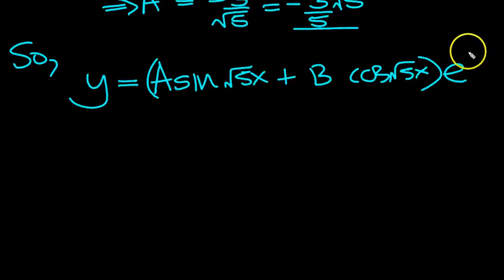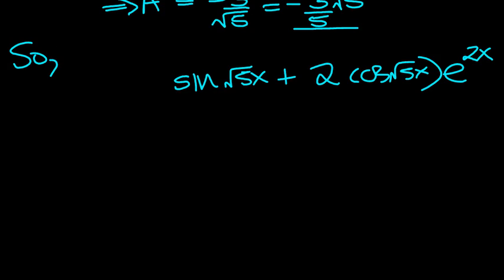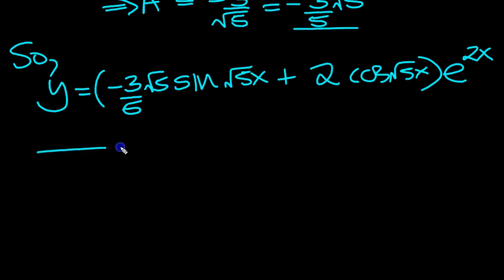So let's put that in. Now we need to put in our values. b was 2, wasn't it? So I'll just put in 2 there now. And a was equal to minus 3/5 root 5. And that's the particular solution.